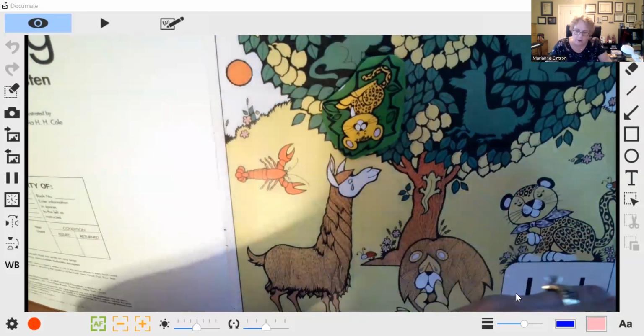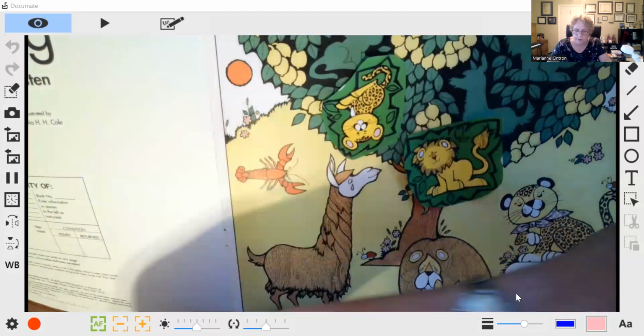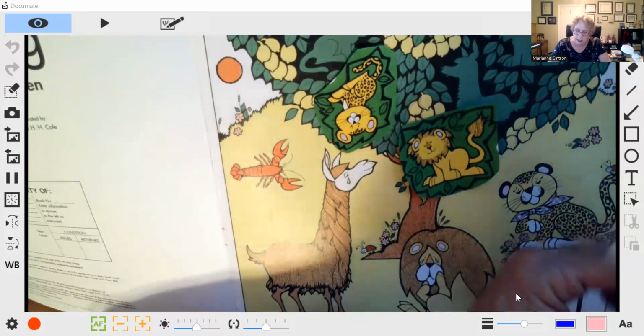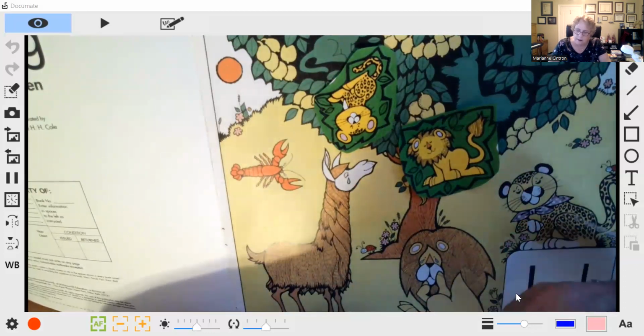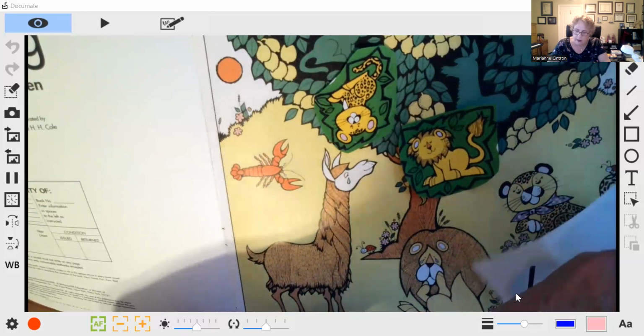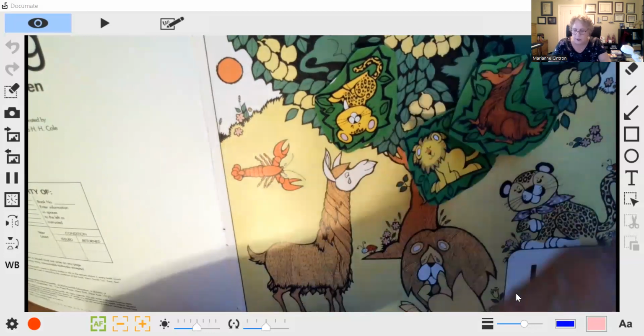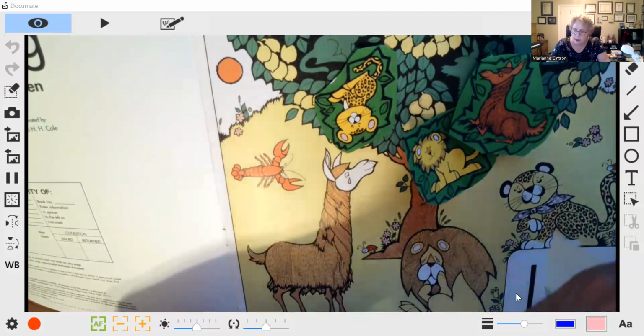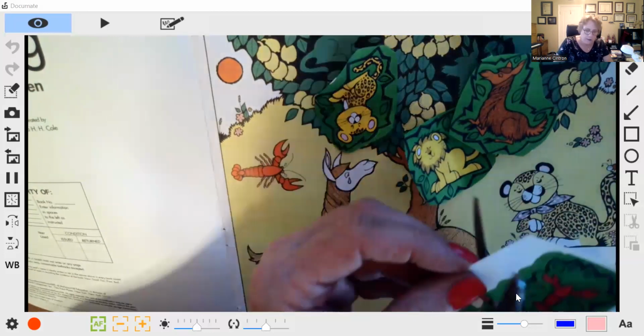So you're just going to pop them out. In case you make copies, this is how we would do it anyway. They're much easier with the pop outs. And the lobster.